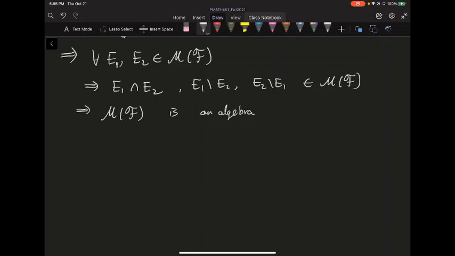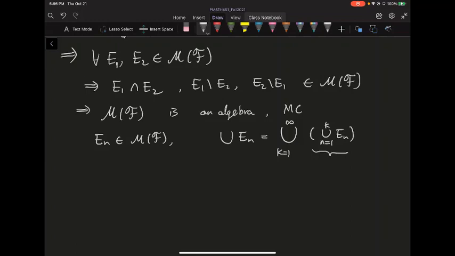Moreover, because M of F is a monotone class, if you take En inside M of F, then you can take the union of En for n from 1 to K, and let K go from 1 to infinity.